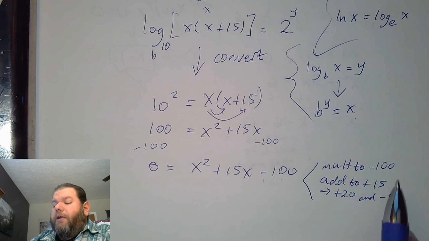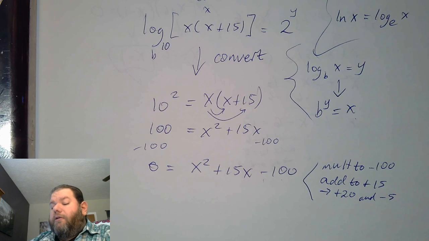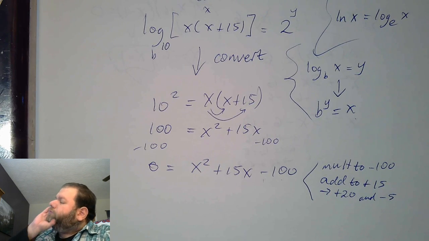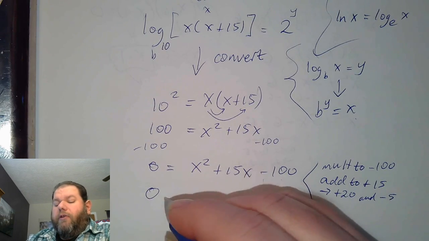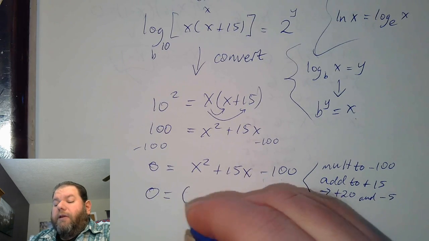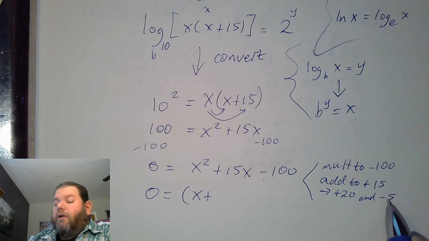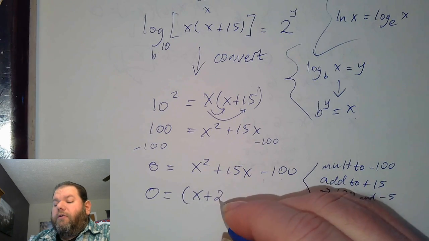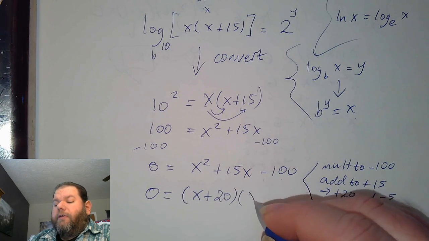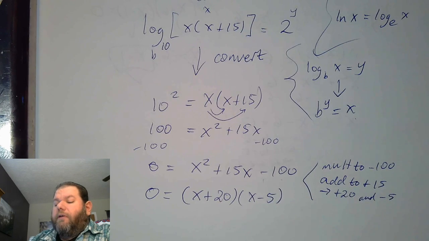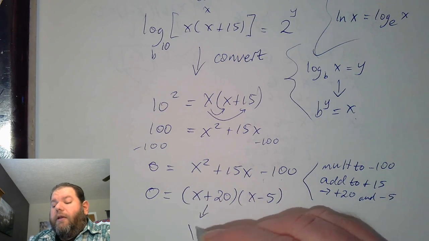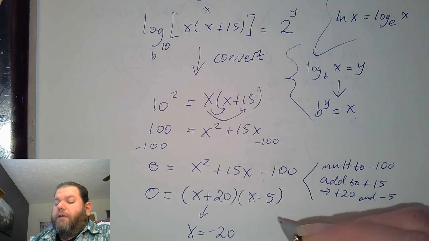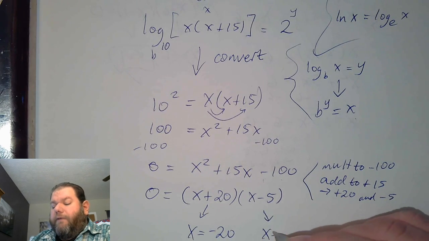So those multiply to negative 100 and they add up to 15. So we get 0 equals x plus 20 and x minus 5. So that's going to give us, again, two solutions. x equals negative 20, x equals positive 5.